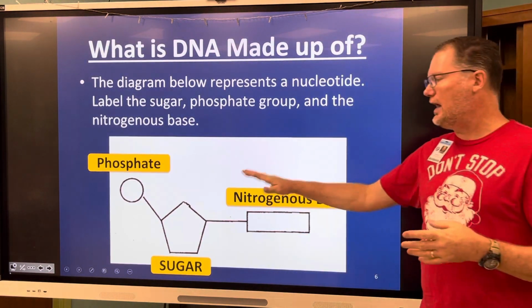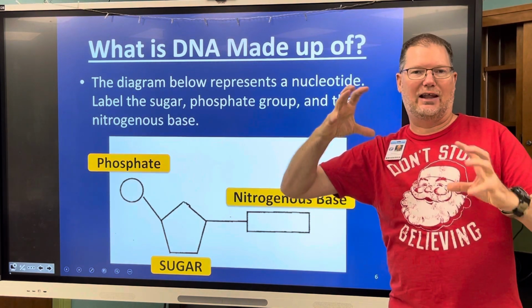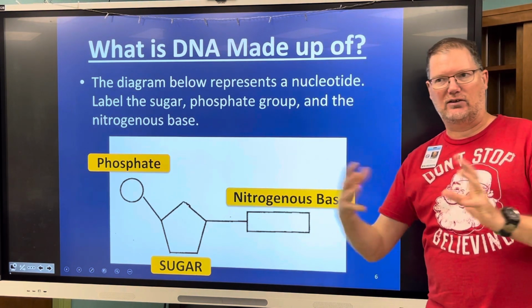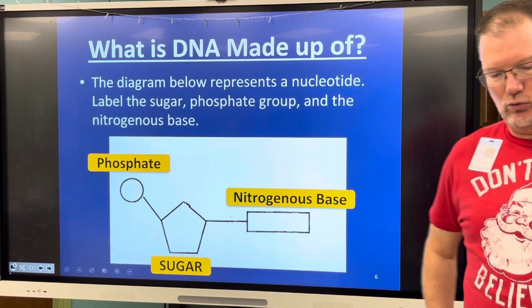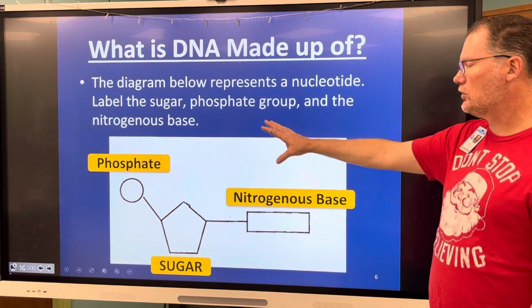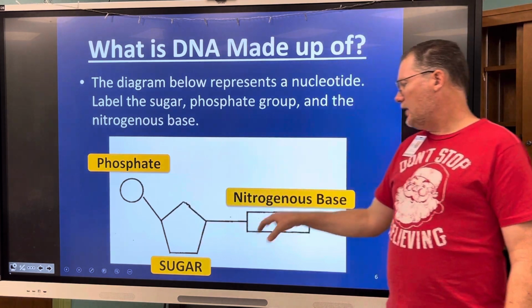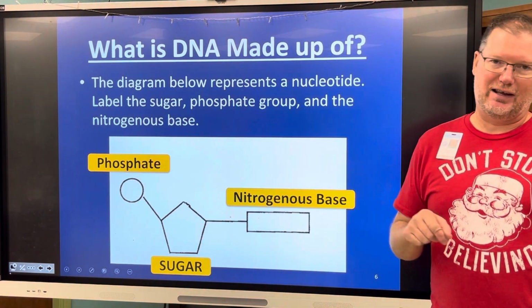So you're going to see chains of this in a circular, twisted ladder all the way down, connected in the middle by hydrogen bonds. We talked about that in a previous unit. So the phosphate is the circle, the sugar is the pentagon, and the nitrogenous base is the rectangle, okay?